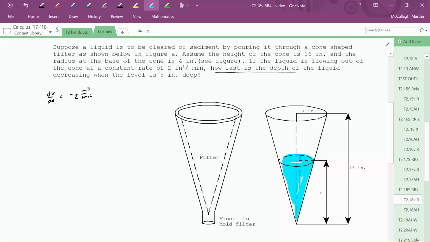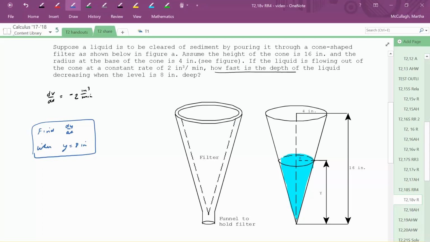So while our entire cone might be 16 inches deep, the height of our liquid is only y inches deep, and the radius of our liquid is x inches. So if we want to find how fast the depth of the liquid is decreasing, we're trying to find dy/dt when the level is 8 inches, when y equals 8 inches.